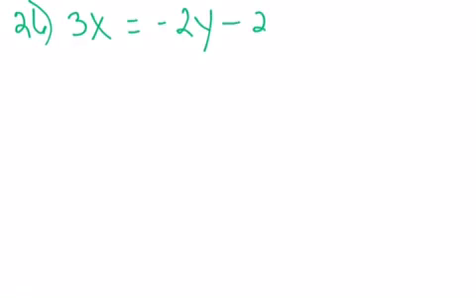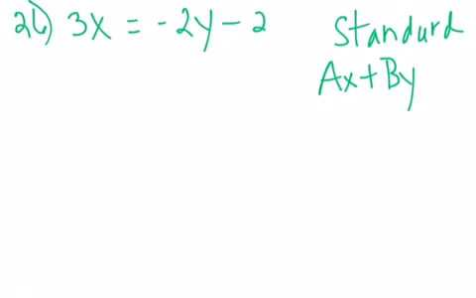On the third page, if you will look at number 26, 3x equals negative 2y minus 2. The instructions are to put these in standard form, showing your work, and then identify A, B, and C. If you remember, standard form has some number x, then some number y equals some number.